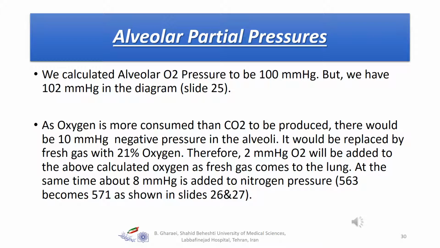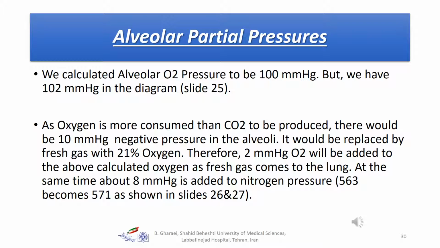You should know, as oxygen is more consumed than carbon dioxide is produced, there would be 10 millimeters of mercury negative pressure in the alveoli. It would be replaced by fresh gas with 21% oxygen, and therefore 2 millimeters of mercury oxygen will be added to the above calculated oxygen as fresh gas comes to the lung.